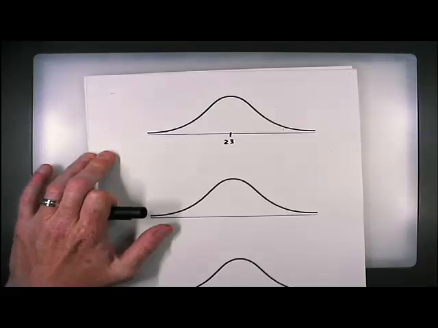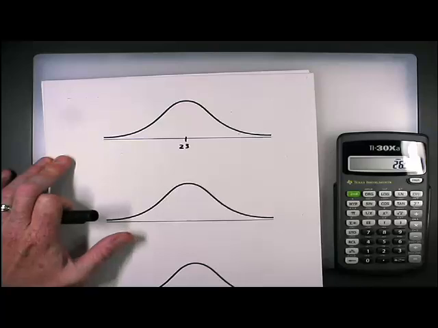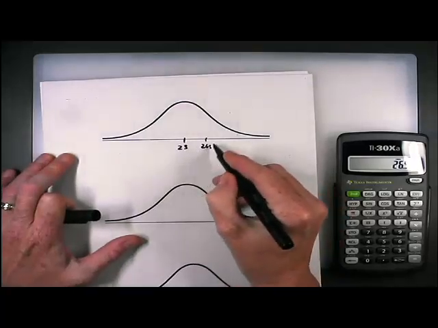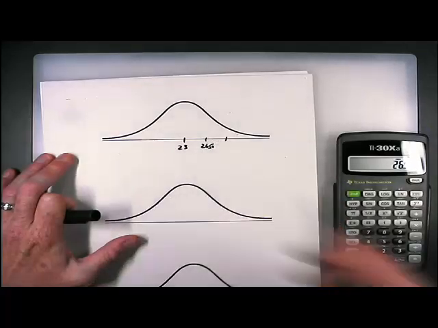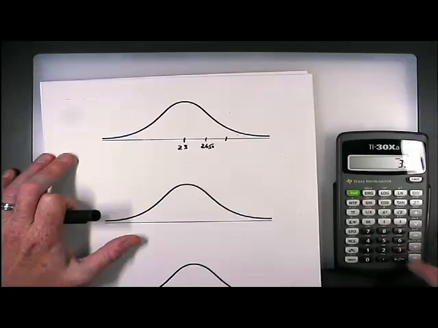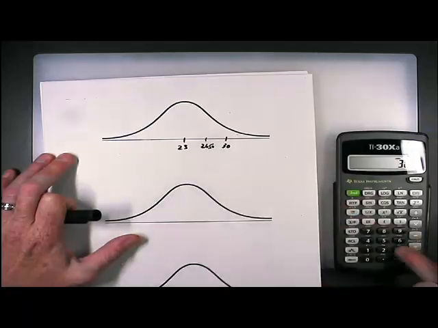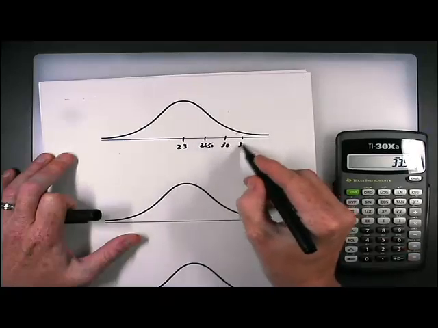So I'm just going to say 23,000 plus 3.5 is 26,500, plus 3.5 is 30,000, plus 3.5 is 33,500.